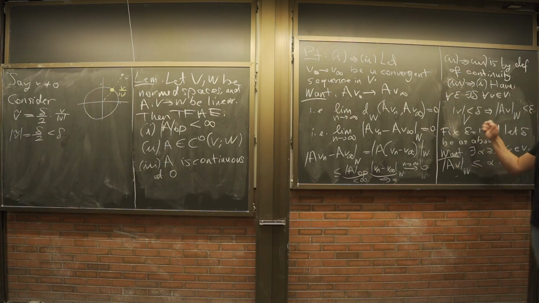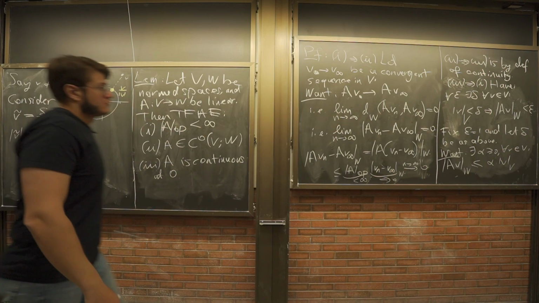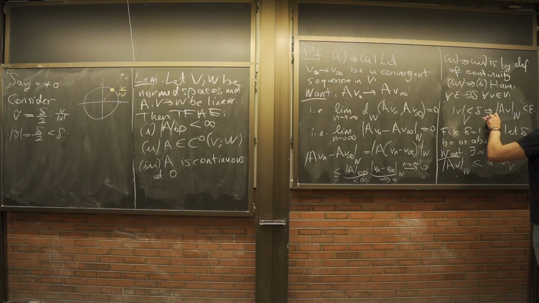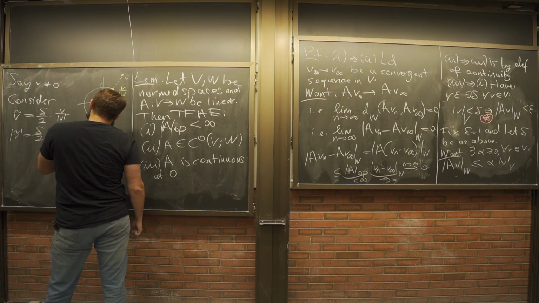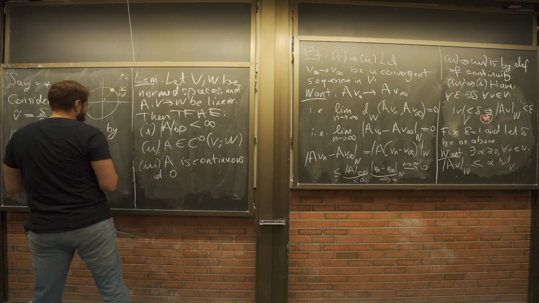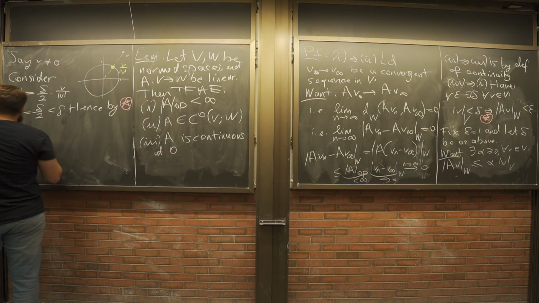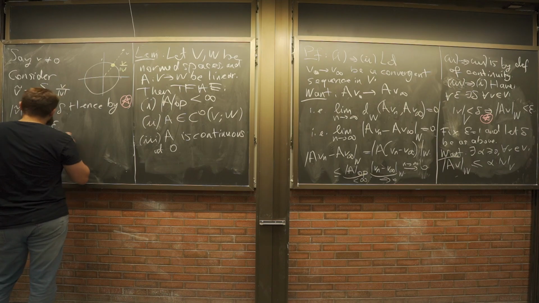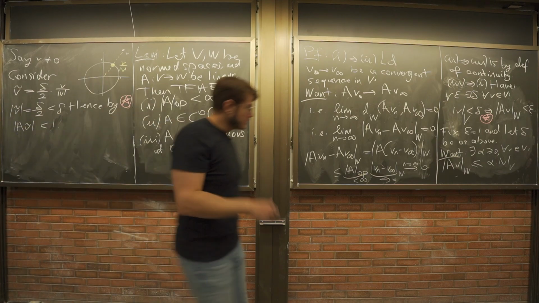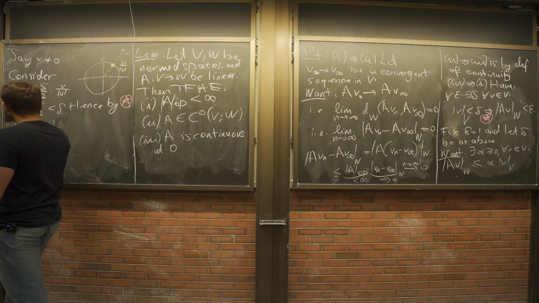Because of this, I can apply this and say that A V tilde in norm is bounded by epsilon. Hence, by the red star, and epsilon is 1, of course. We chose epsilon to be 1. Okay, but what is this? What is A V tilde?